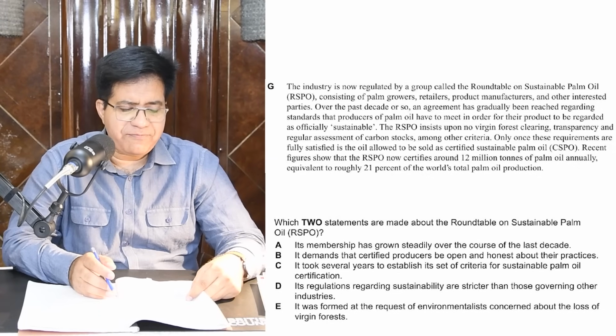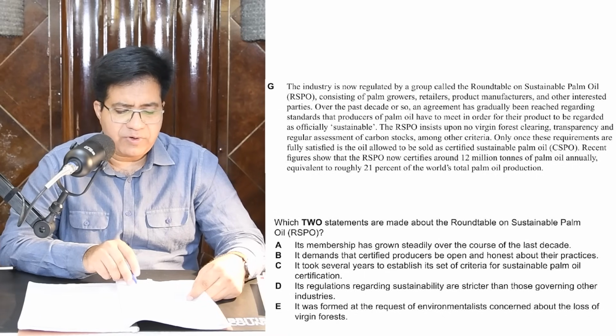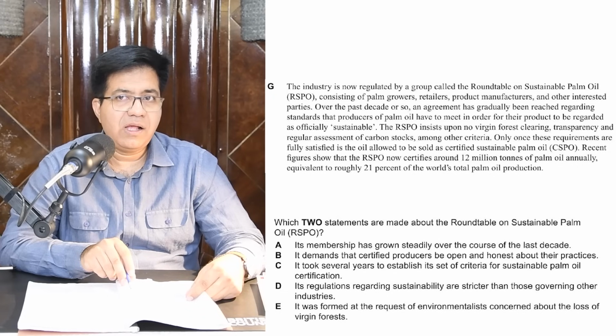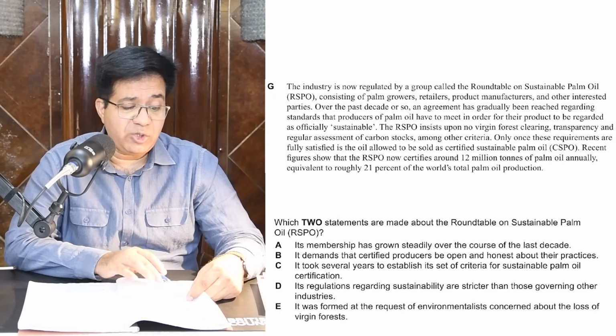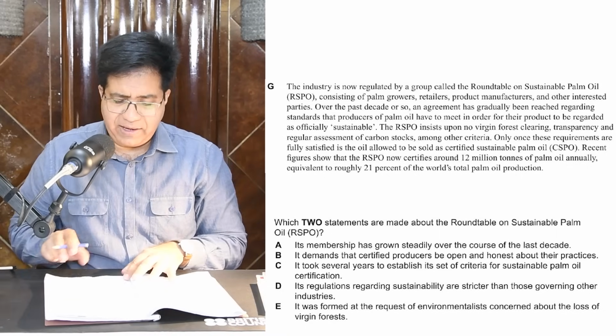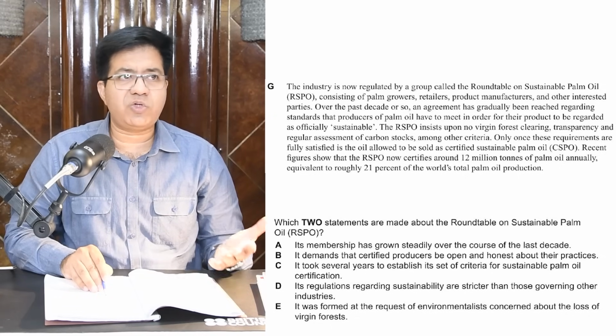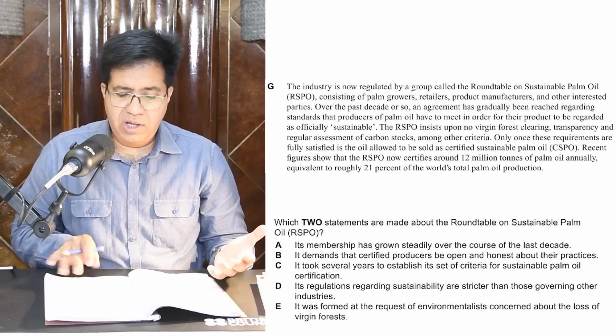Option C, it took several years to establish its set of criteria for sustainable palm oil certification. Yes or no? Absolutely yes. It took several years to establish its set of criteria. Please come back. Over the past decades or so. What is past decades or so? Huh?